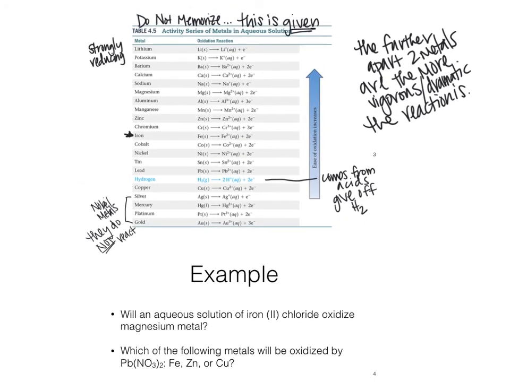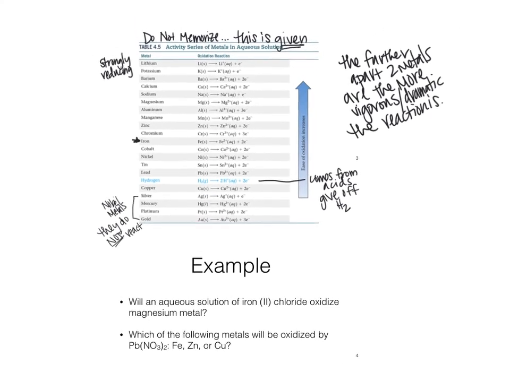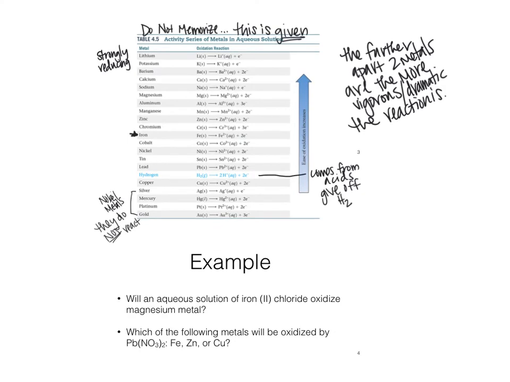And so, this worked just perfectly. When we think about an aqueous solution of iron 2 chloride, which, let's not forget, is FeCl2, oxidized by magnesium metal.